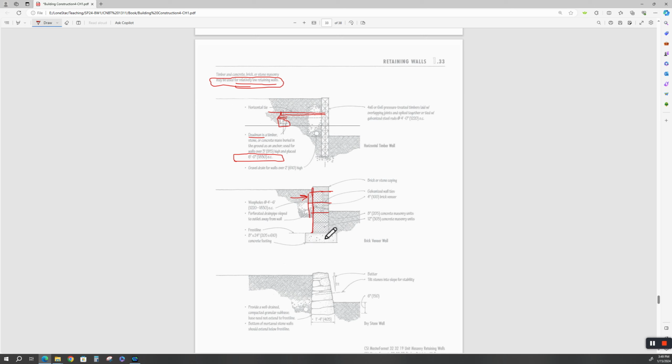I am not a big fan of concrete masonry and brick veneer retaining walls. I'm just not. These are for very short walls. I'm telling you, short walls with not much moisture behind them, not much water pressure behind them at all.